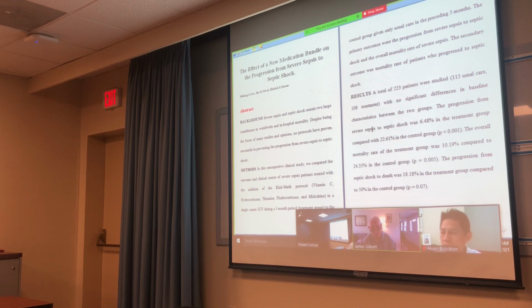But you're right. Applying the same thing that, according to Dr. Merrick and his study, works for septic shock patients, why don't we apply it for severe sepsis patients? Because that's where the difference can be made. So I suspect the speed of the treatment.